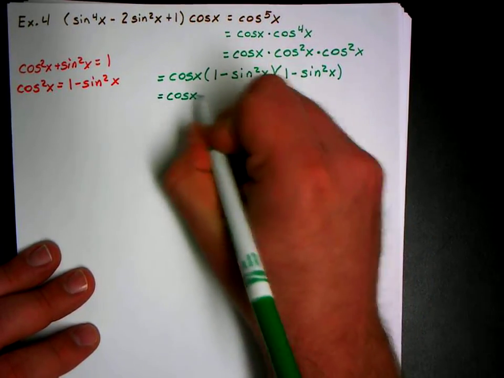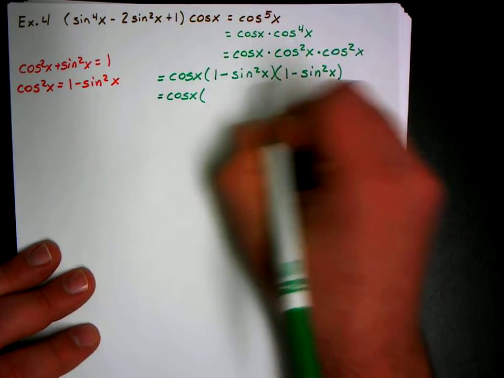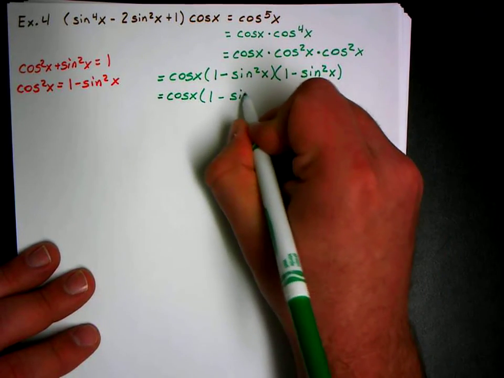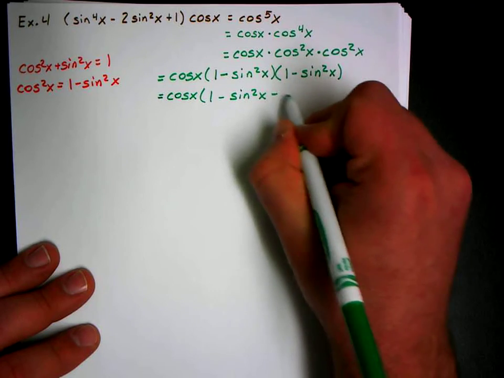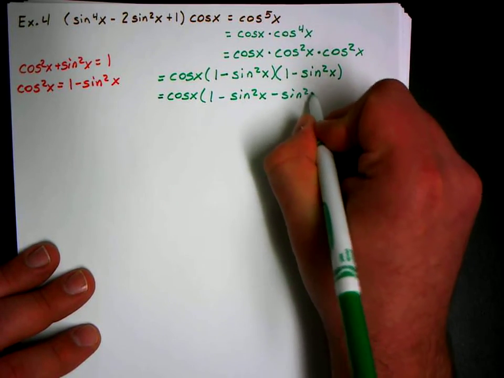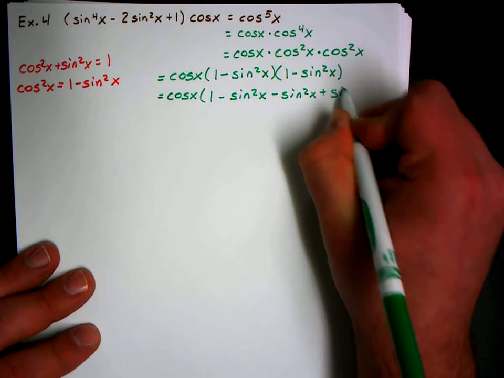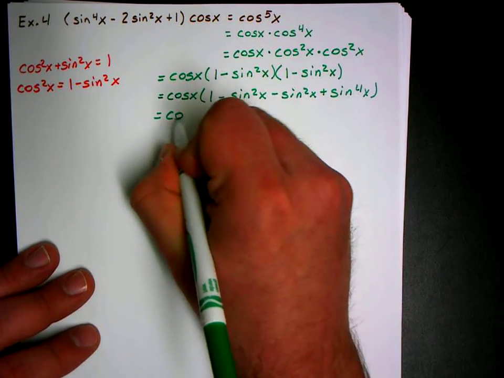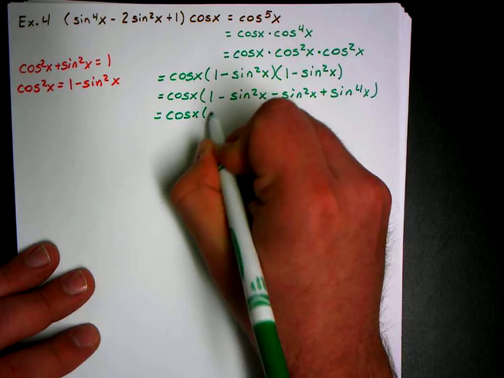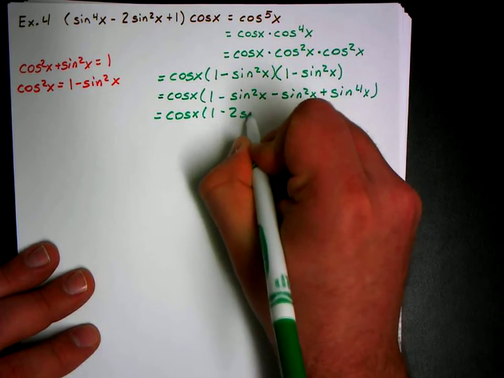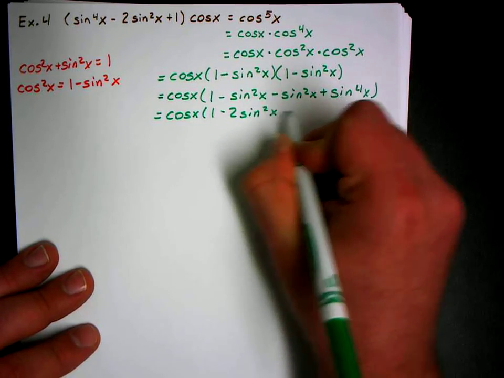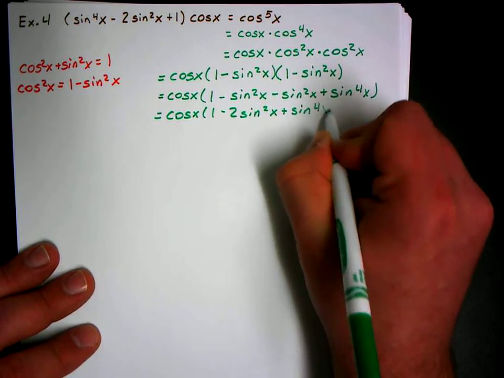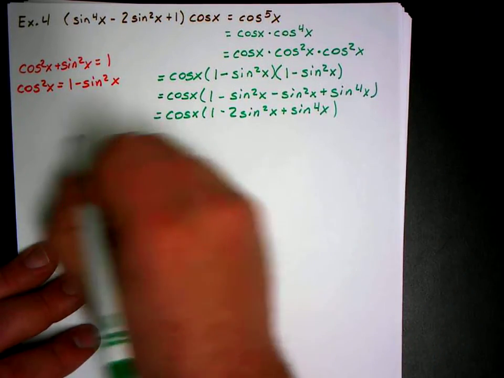So I start doing my multiplication, my distributing. So 1 minus sine squared of x minus sine squared of x plus sine to the fourth x. Okay, there we go.